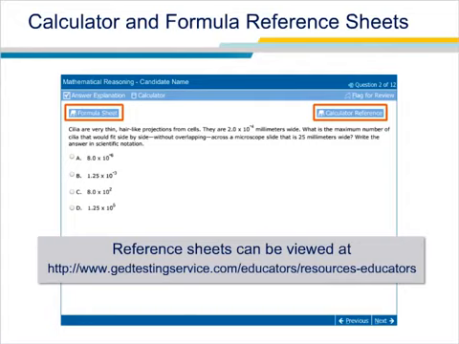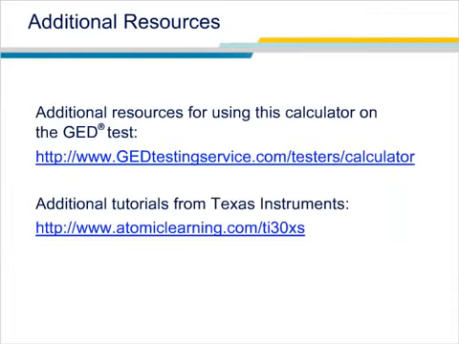Click the X to close. To view the formula sheets and calculator reference sheets for the 2002 and 2014 GED tests, visit our website at www.gedtestingservice.com/educators/resources-educators. This concludes the introduction to the TI-30XS Multiview On-Screen Scientific Calculator.